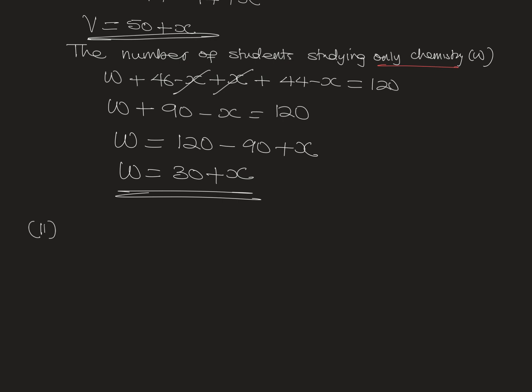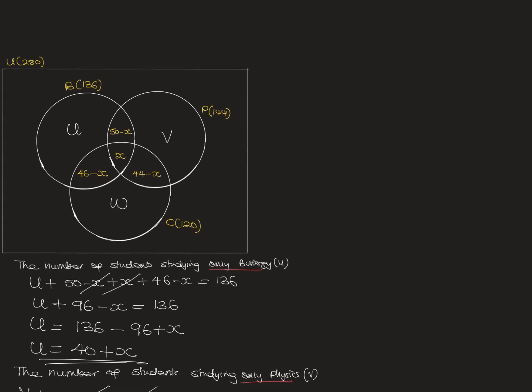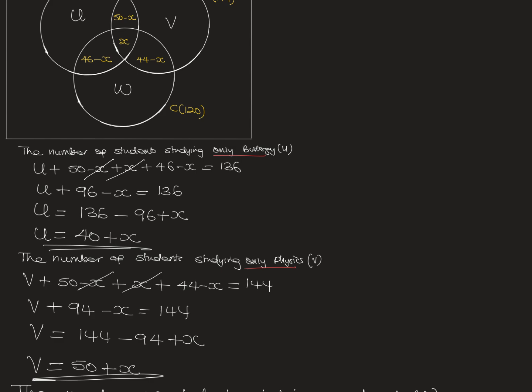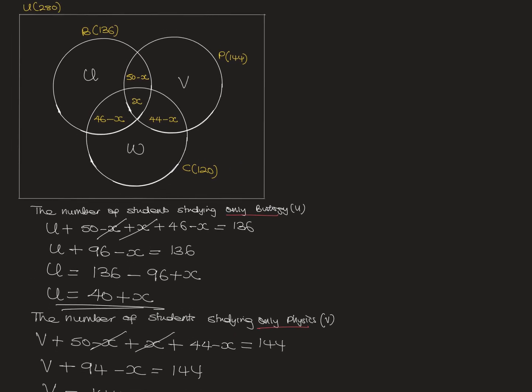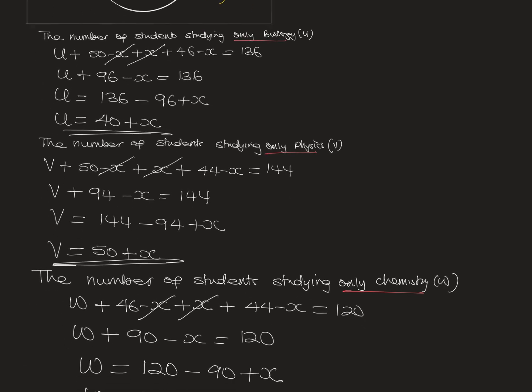So we're going to start with the single subjects, that is U plus V plus W. Then we move on to only two subjects, which are 50 minus x, 46 minus x, and 44 minus x.